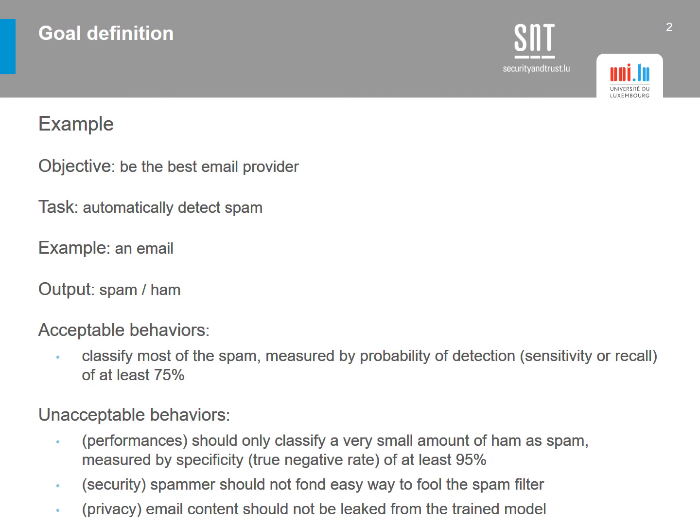So an important point here is that we can have different levels of acceptable and unacceptable behavior, because here we have the specificity of 95%, meaning correctly predicting a non-spam email as non-spam, and sensitivity of 75%, meaning correctly predicting spam as spam.